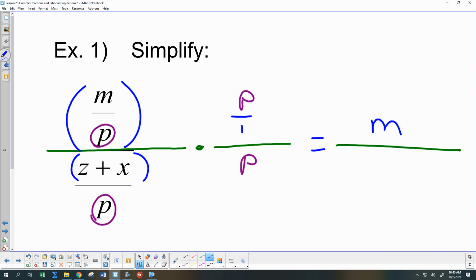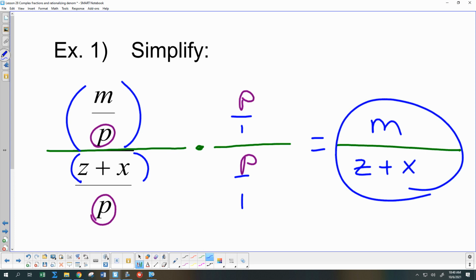I'm going to take the Z plus X over P times the P over 1, and so I don't mess up my numerators and denominators, I can put that as P over 1. The P cancels, and I have Z plus X over 1, which is just Z plus X, or X plus Z, and that is my answer, and I'm done.